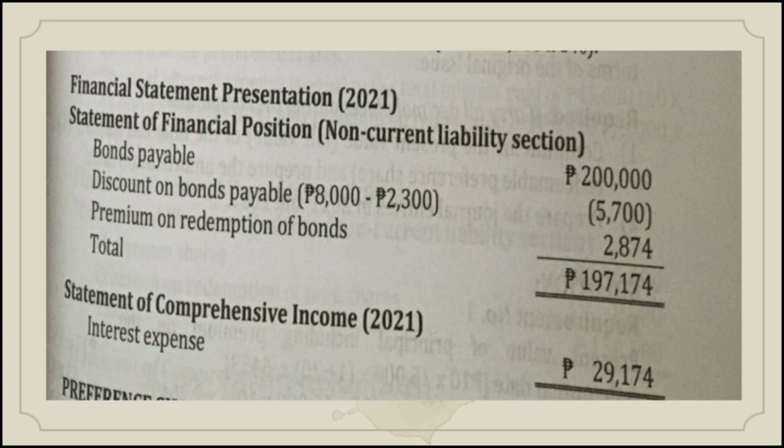So 8,000 minus 2,300 na naman kay 5,700. And then mag-add ka og premium on redemption of bonds nga 2,874. So ang total diri is 197,174 pesos.